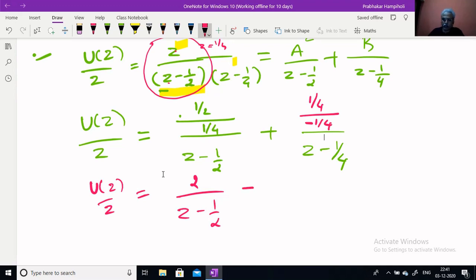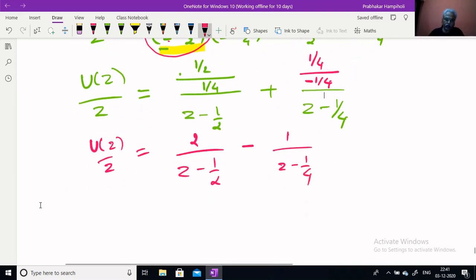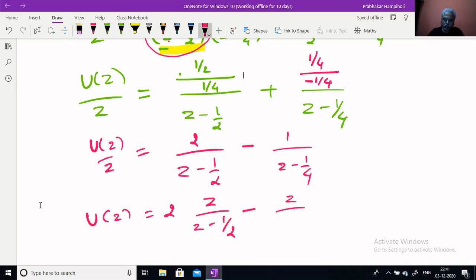Second one is minus 1 upon z minus 1 by 4. Now if I transfer this z to the left hand side, I get u of z equal to 2 times z by z minus half, minus z by z minus 1 by 4.